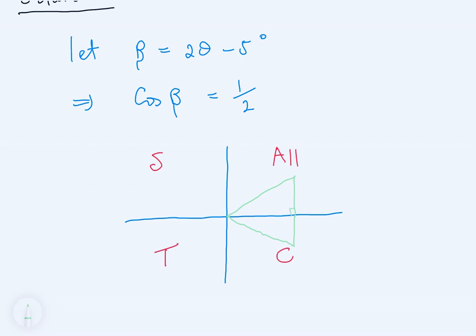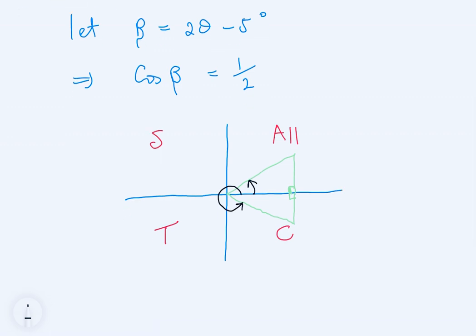These over here are just rough right angle triangles, just to guide us when solving. So we know for sure that the solutions of this equation lie in the first quadrant and also in the fourth quadrant. So our first solution will lie here, and our second solution will lie over here. Okay, we know this, right?